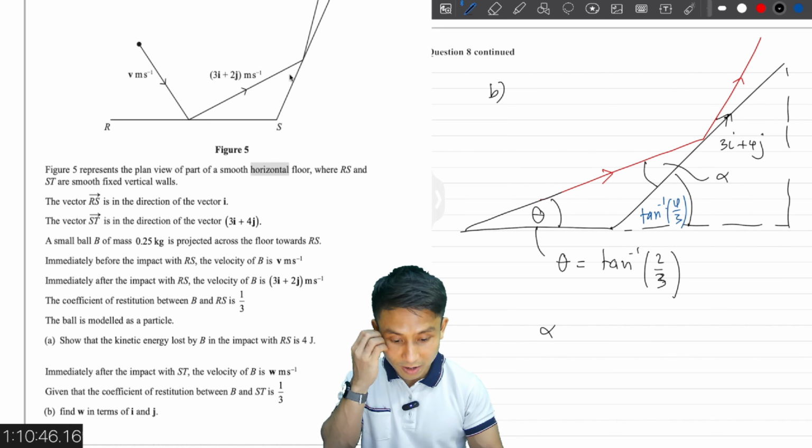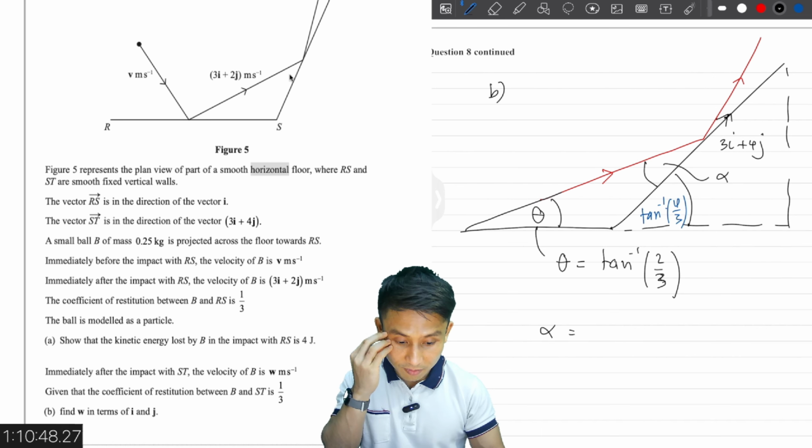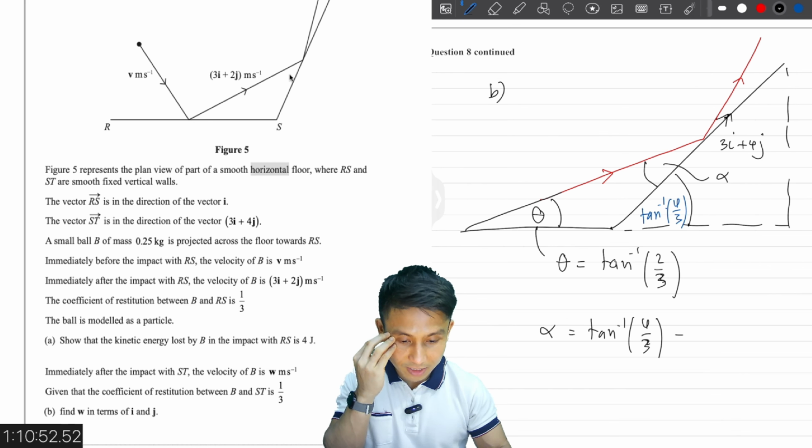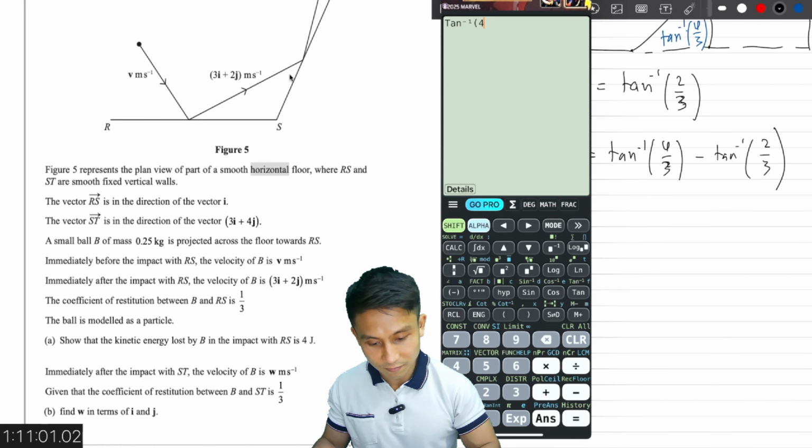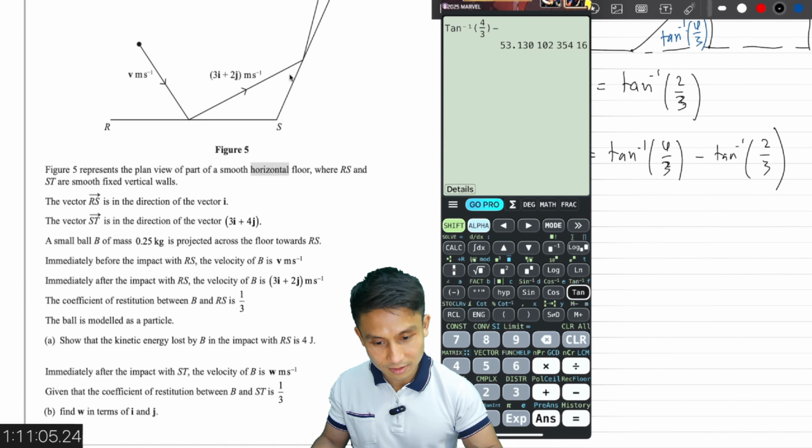Okay, so I'm just going to do alpha equals arctan 4 over 3 minus the theta there, which is arctan 2 over 3. Let's solve that angle first. Arctan 4 over 3 minus arctan 2 over 3, right?